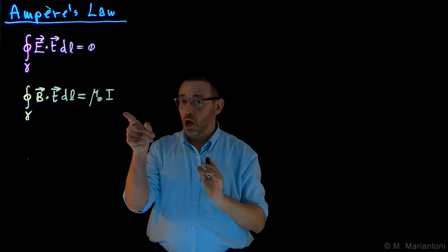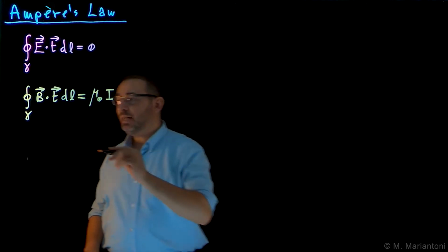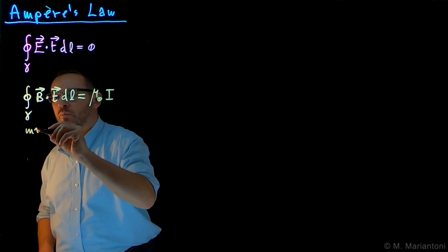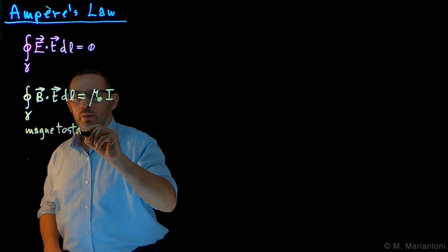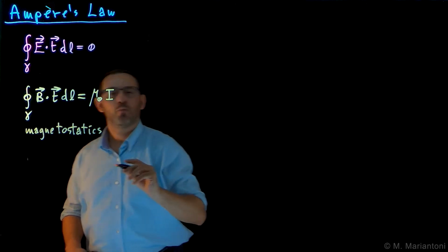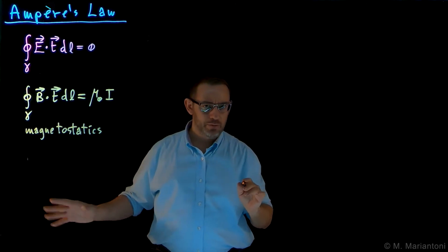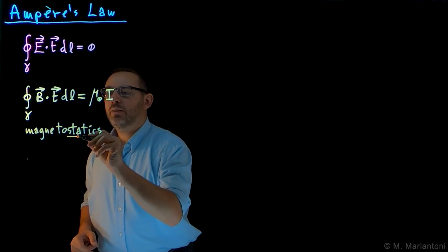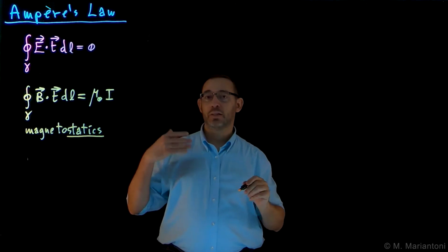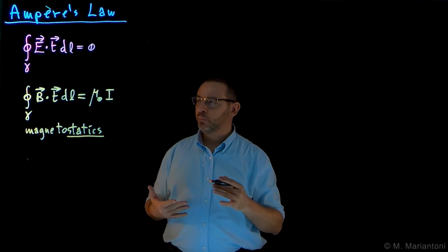Now note that this law is only true in magnetostatics. The previous law for B was actually true for any magnetic field, even in dynamics, whereas this one is only magnetostatics. We will need to change it in 342 eventually, when we consider time-varying E and B fields.